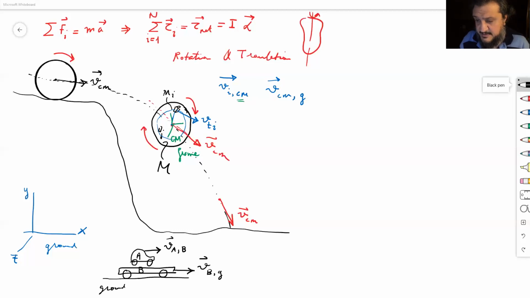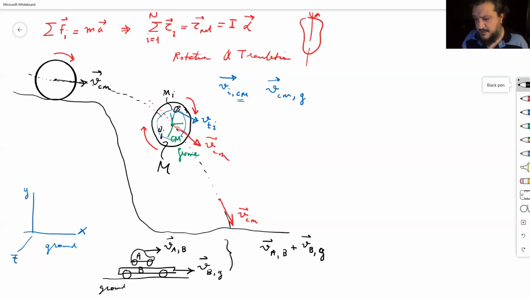If you remember this, what we do is we add them. This is the addition of velocities, also called the Galilean transform. VAB plus VBG, not C, G, ground.